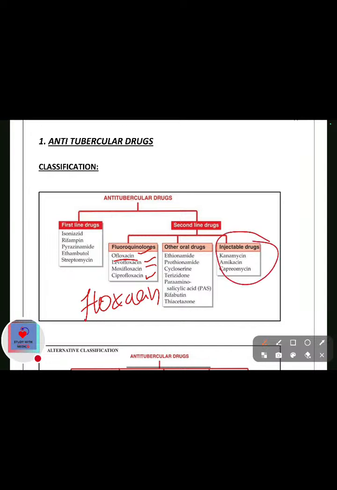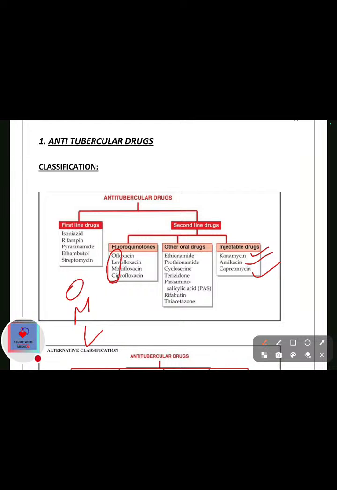Talking about injectables, you have to remember only three: kanamycin, amikacin, and capreomycin. These fluoroquinolones you can remember as "oh my lord": ofloxacin, moxifloxacin, and levofloxacin, and you can remember ciprofloxacin too.